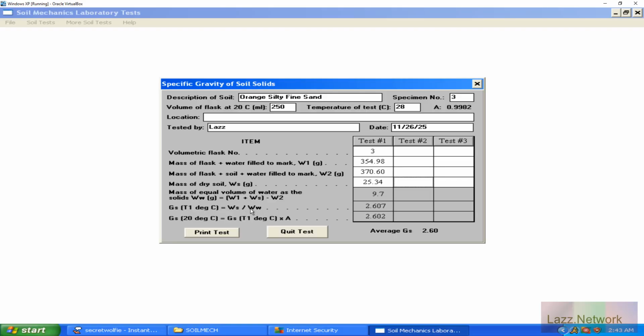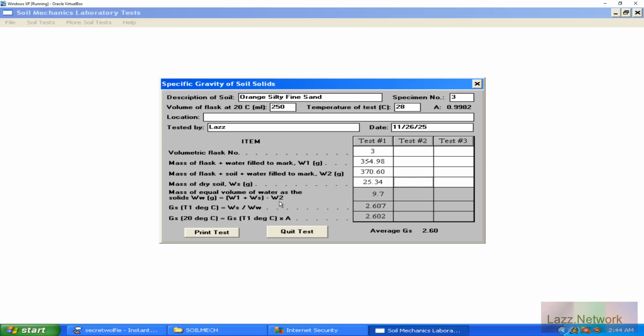So our WS is our mass of dried soil, and then our WW, oh yeah, our WW is here.